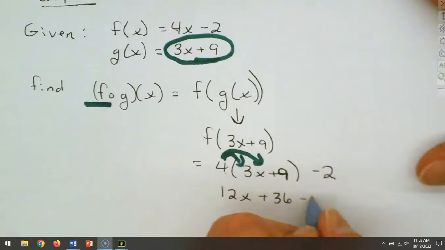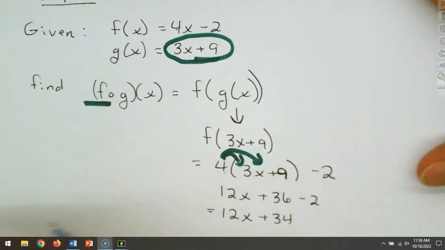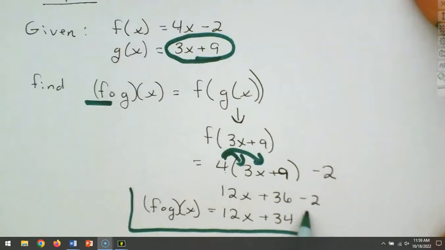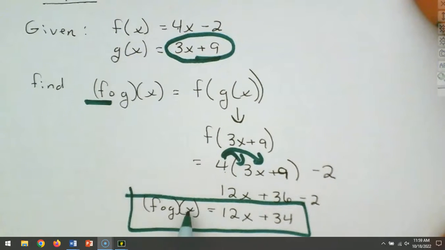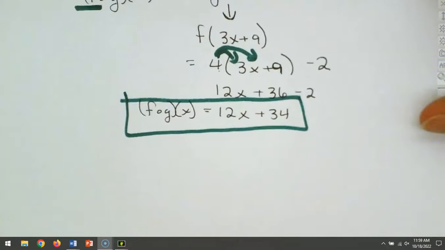And a minus 2. So when I simplify it, that's 12x plus 34, isn't it? And that equals f composed with g of x. Variable in, variable out, right? Variable on the left side, variable on the right side. Let's now do one with numbers.